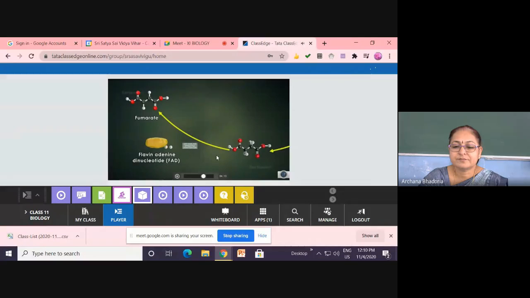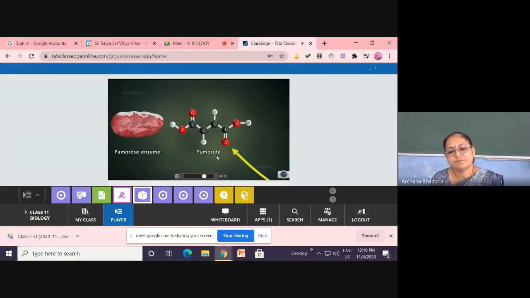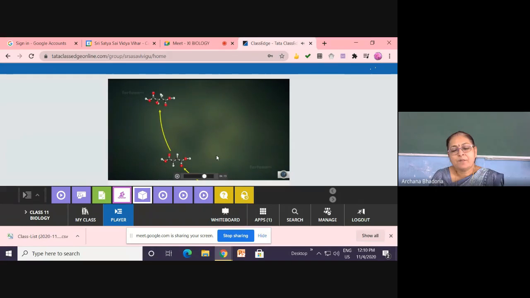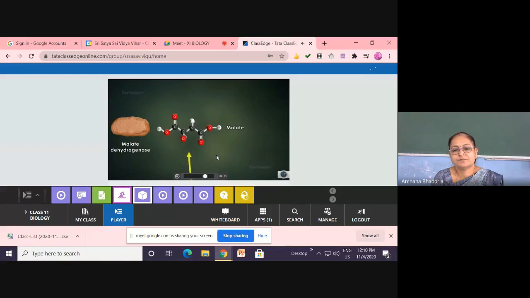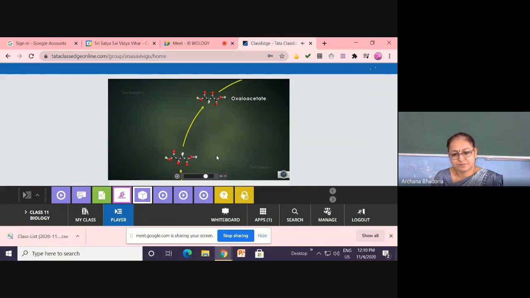FAD will combine with 2 hydrogen molecules and produce FADH2. The fumarase enzyme will convert fumarate to malate. In the final step of the Krebs cycle, the enzyme malate dehydrogenase will convert malate to oxaloacetate. During this reaction, NAD will form NADH.